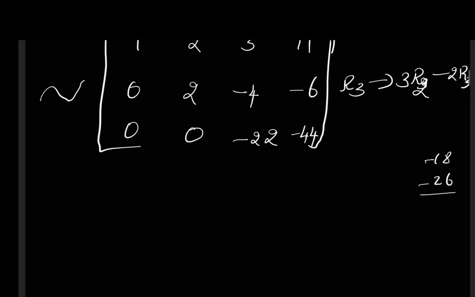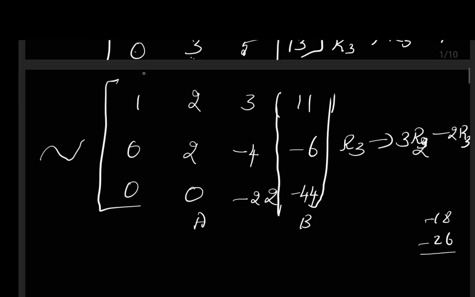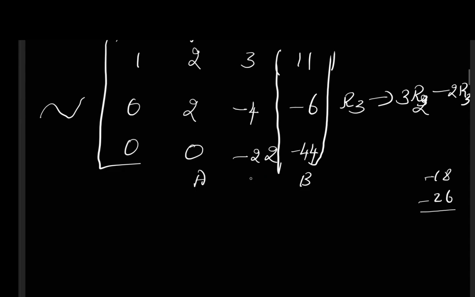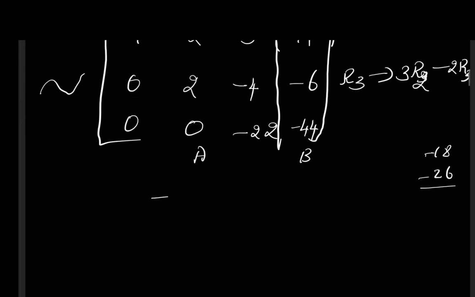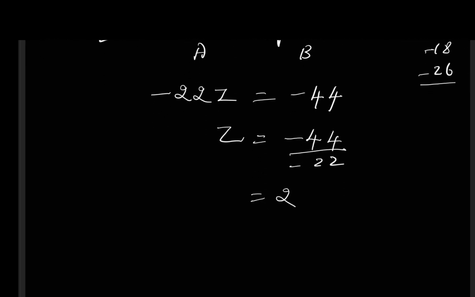Now we will write the equations. This is your A matrix and this is your B matrix, with variables x, y, z. Start from the last row, R3. X coefficient 0, Y coefficient 0, Z coefficient minus 22. The constant is minus 44. So minus 22z equals minus 44, and z equals minus 44 by minus 22, that is 2.